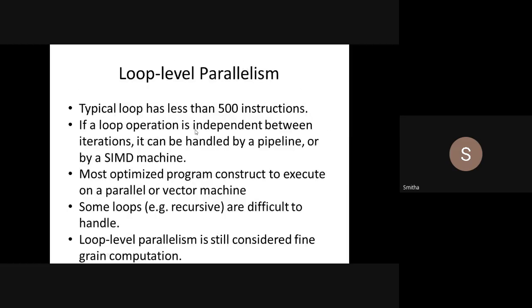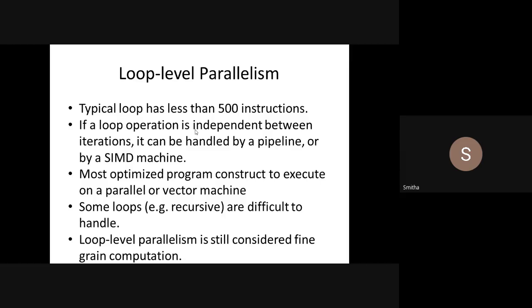Next is loop level parallelism. In loop level parallelism we can have less than 500 instructions. See students, in the first level the maximum is 20. In this level, the maximum is 500 instructions. So if we have more than 20 and less than 500, that grain will fall under loop level parallelism.